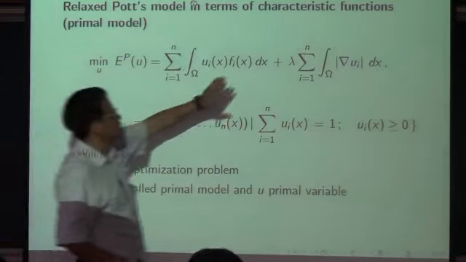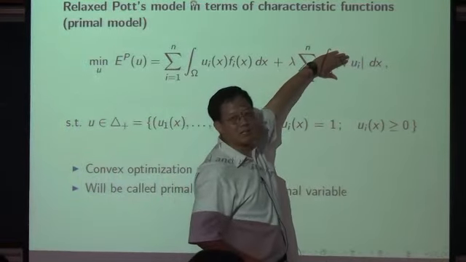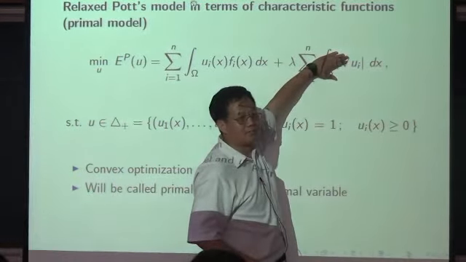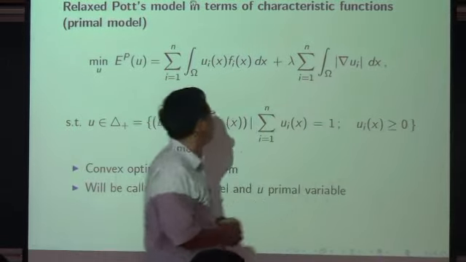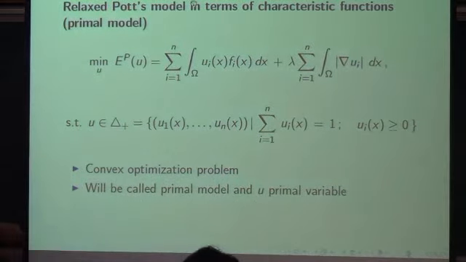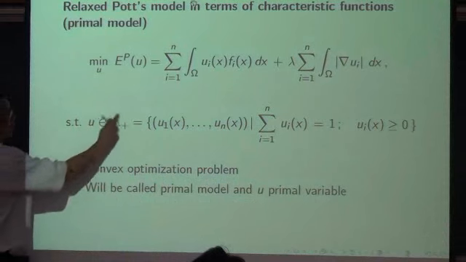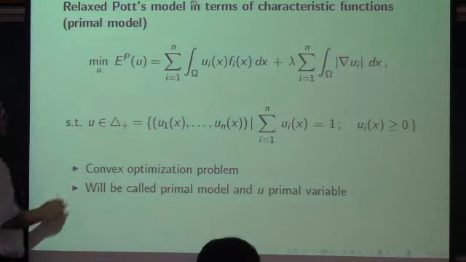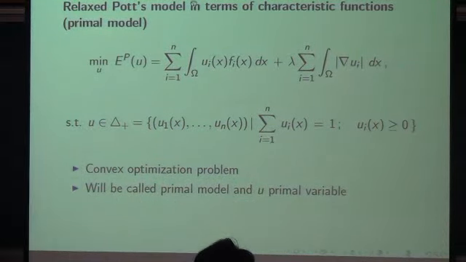If we take this one away, we can see the relaxed and non-relaxed are the same. But now we put on this TV term. We define this triangle, which even has a name, I think called the Gibbs triangle or something. In 3D it's a triangle; when you have more phases, it's an abstract triangle.